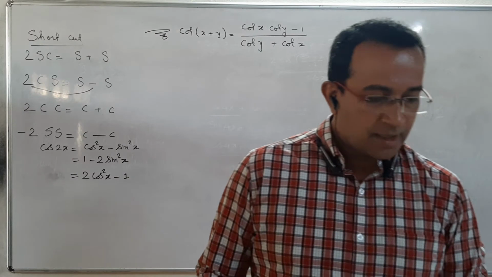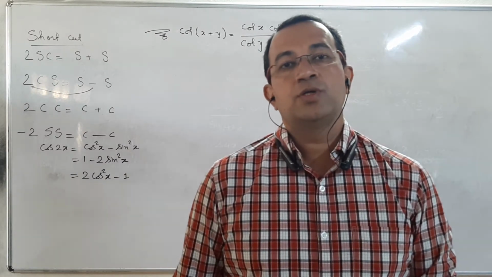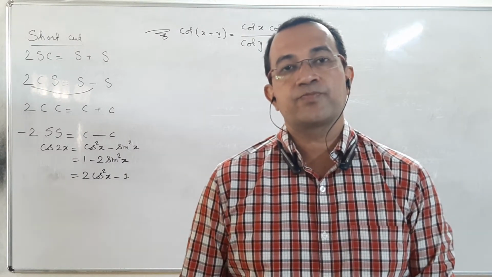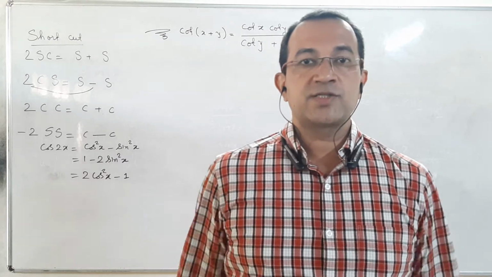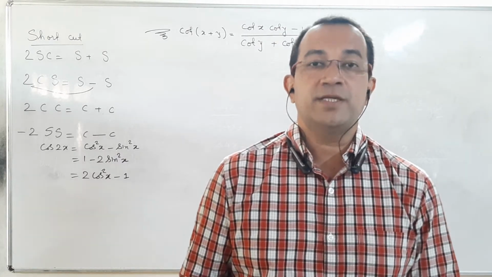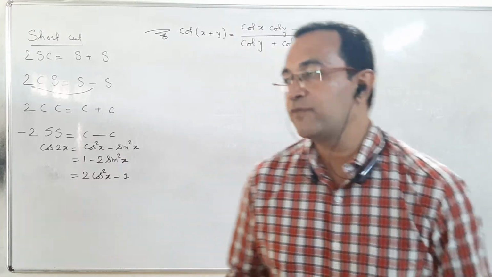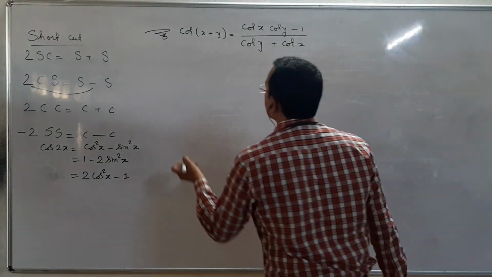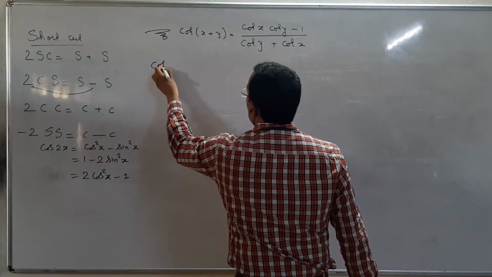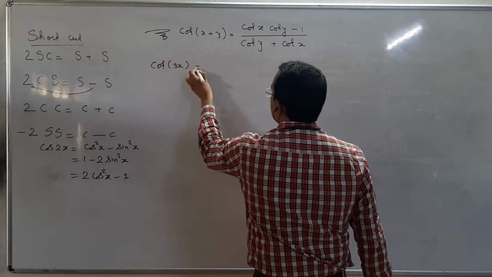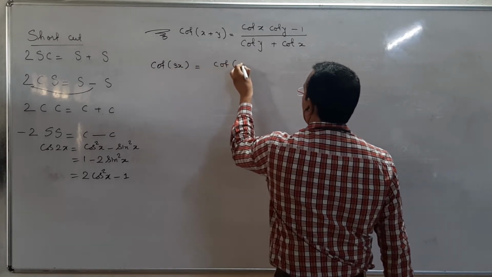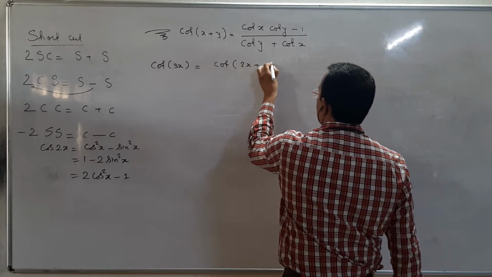Sum number 22, students, that sum is given a special type of treatment. So please be careful what I am doing. Cot of 3x is written as cot of twice x plus x.